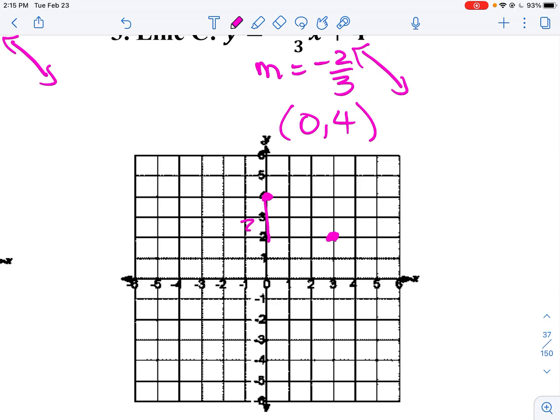So I went down 2, I went to the right 3. So then I draw the line. Oh, I should have gone up more. Sorry about that. Up 2 and 1, 2, 3. Oh, that's pretty good.